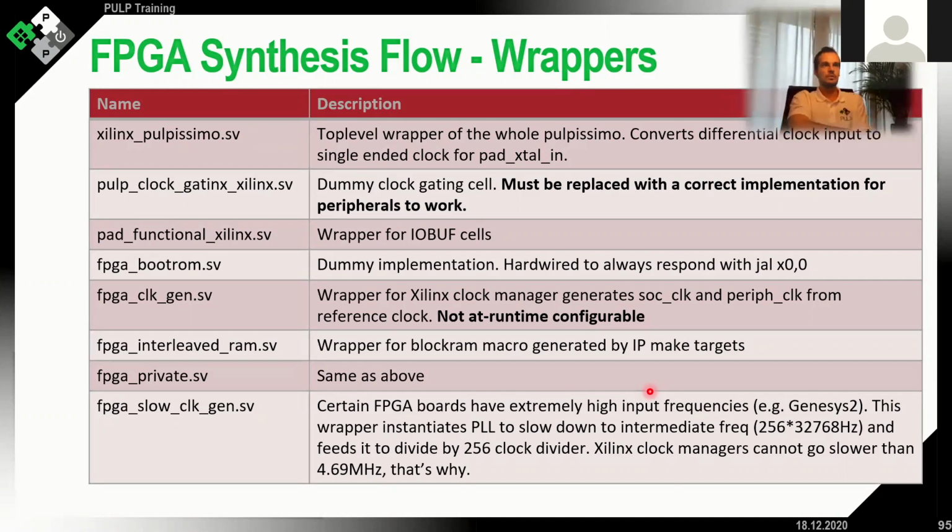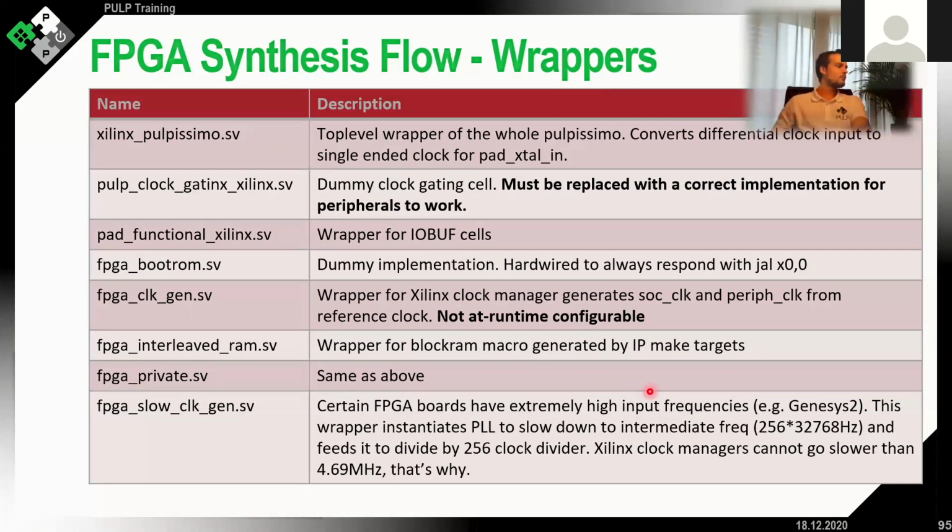And the reason why that's important to know for the PULP runtime is because it will use that information to program the right clock divider settings into all of the IO peripherals. So if it doesn't know the right peripheral clock frequency, your UART baud rate will just be wrong because the clock divider setting will not be correct.